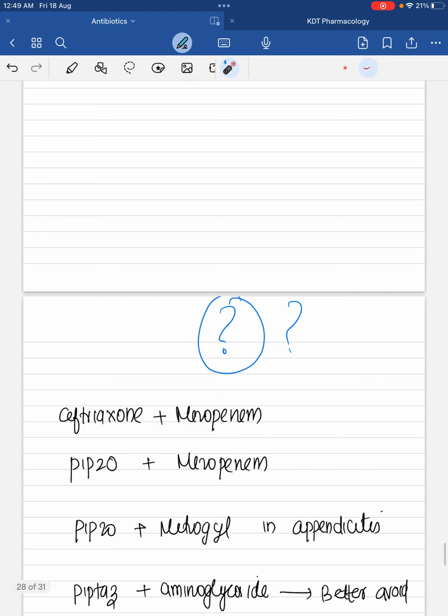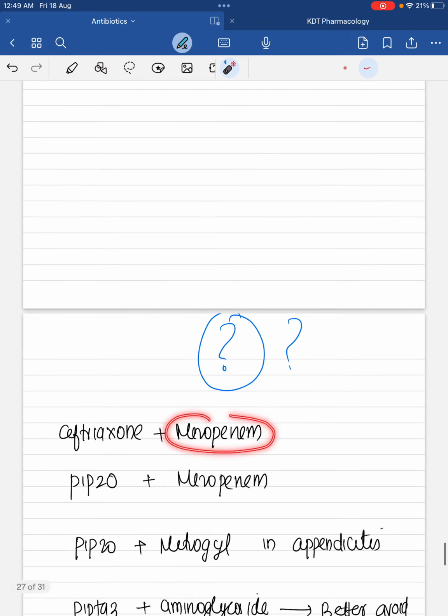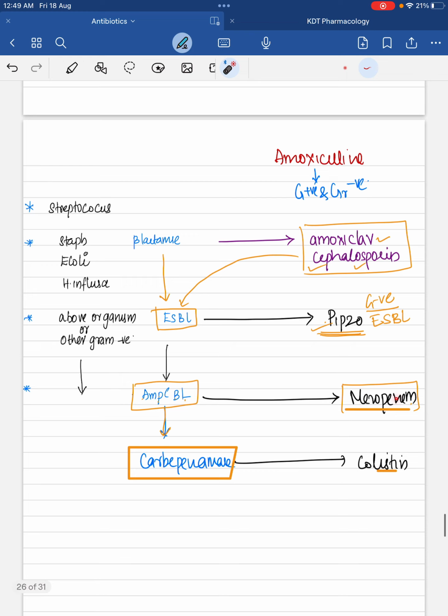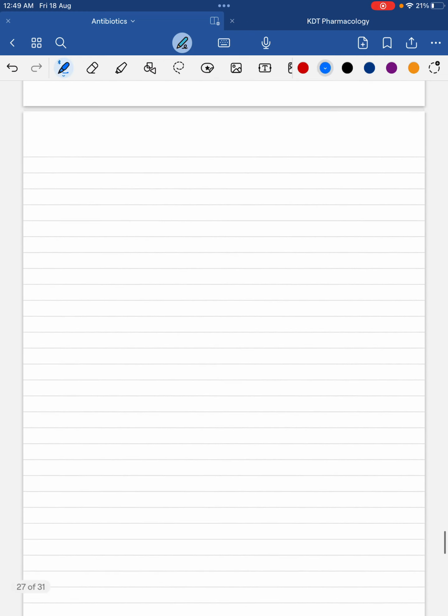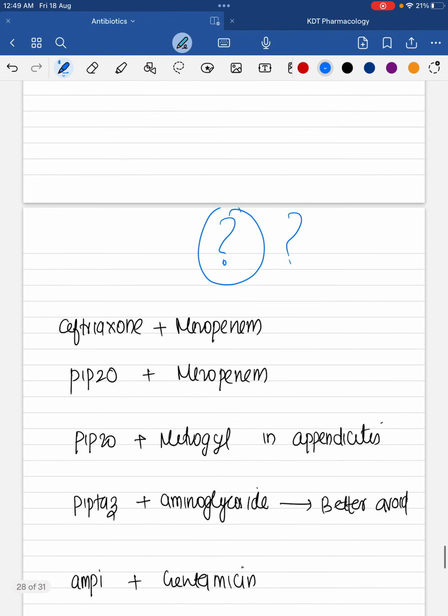See, meropenem will act against gram positive, gram negative, extended spectrum beta lactamase producing bacteria, AmpC beta lactamase producing bacteria.